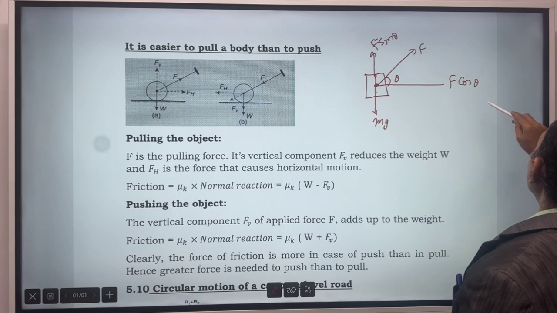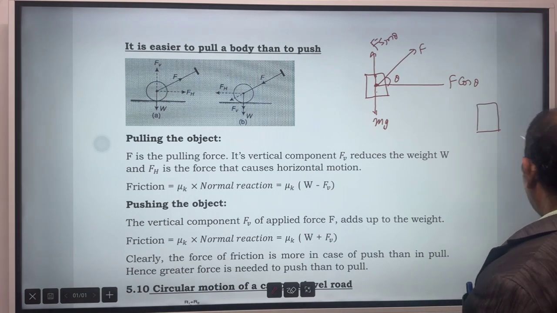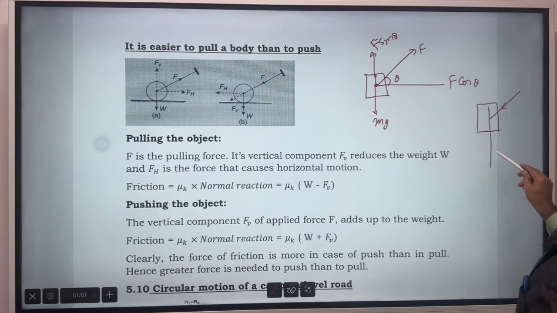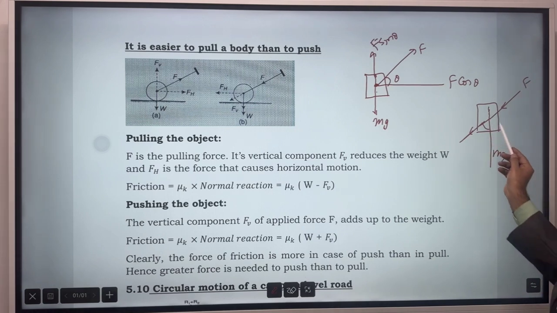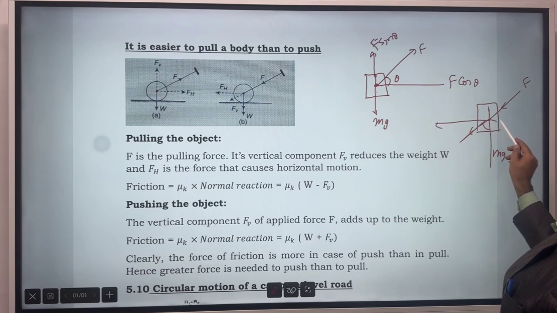Now suppose we consider the case of push. In this case, what happens? Suppose pushing force is applied like this, and this is the weight. Let's take it in this direction so that it may become clear. Suppose force F is acting. It has two components. One component in this direction, suppose this angle is theta, so this angle will also be theta.